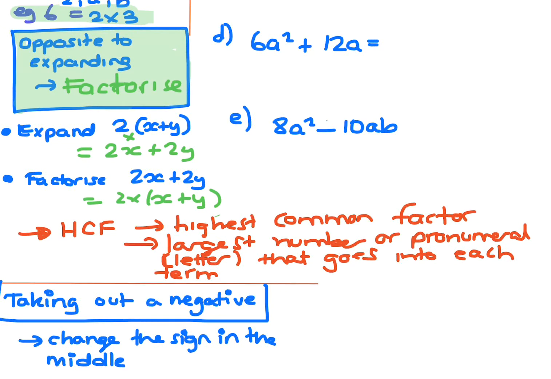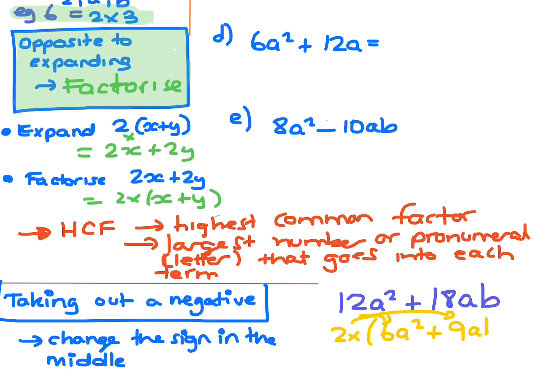Okay, so as an example, you want to be really careful. If you look at this and you have, say, 12a squared plus 18ab. Now with the 12 and the 18, you could just take out a 2, because 2 goes into both of those. 6a squared plus, 2 sixes are 12, and 2 times what is 18? 2 times 9 is 18.